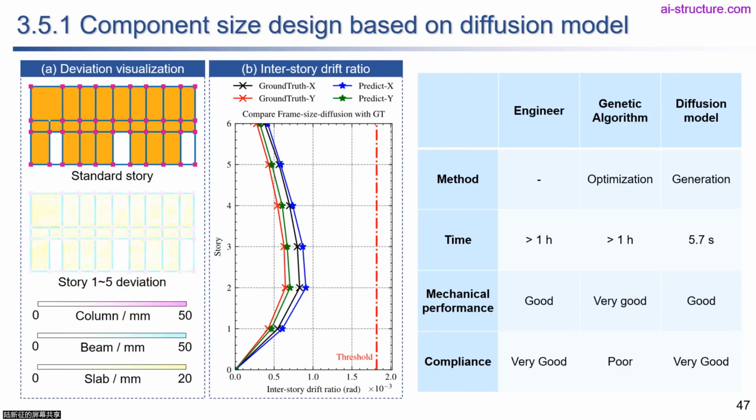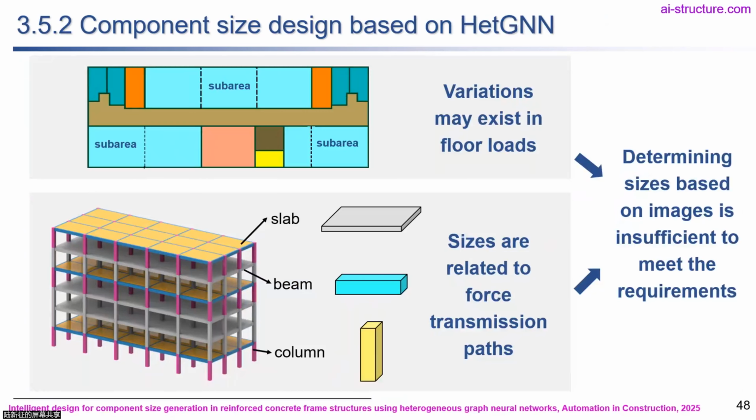And this section design based on the diffusion model still has a limitation. If you have a concentrated load on the component, it is very hard to consider, because how can you represent a concentrated load on an image? So we also propose a cross-section design based on the GNN to consider the load path condition and also the concentrated load condition.